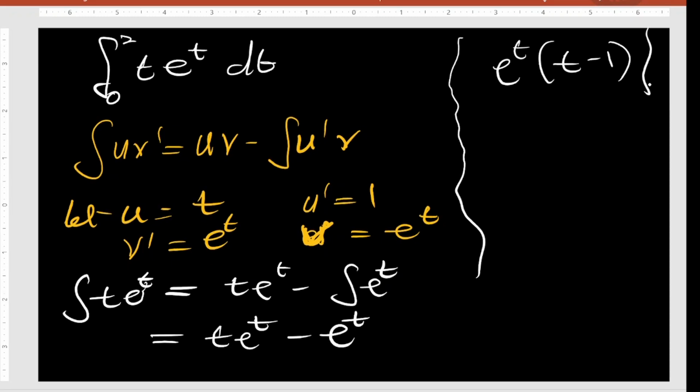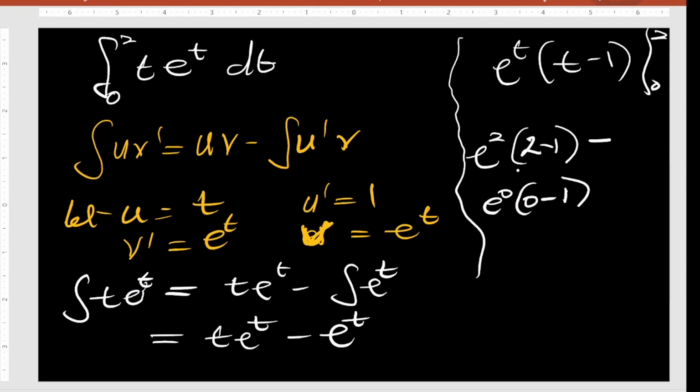Remember, we have limits from 0 to 2. So this will be e squared times 2 minus 1, then minus the lower limit, e to the power 0 times 0 minus 1. The value of the upper limit will yield e exponent 2.